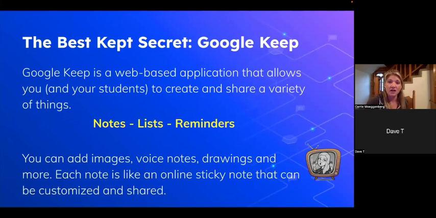You can even share some of the specific notes that you put in there amongst a couple people. So it would be a great way to collaborate on a project based learning type of thing. You can add images, you can add voice notes, drawings. It's kind of like an online sticky note, but there's so much more that it has to offer.